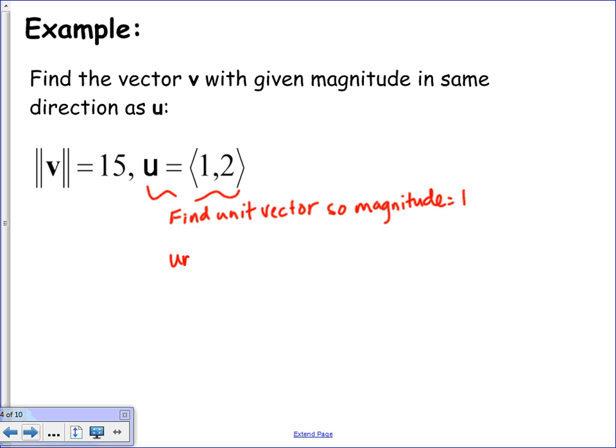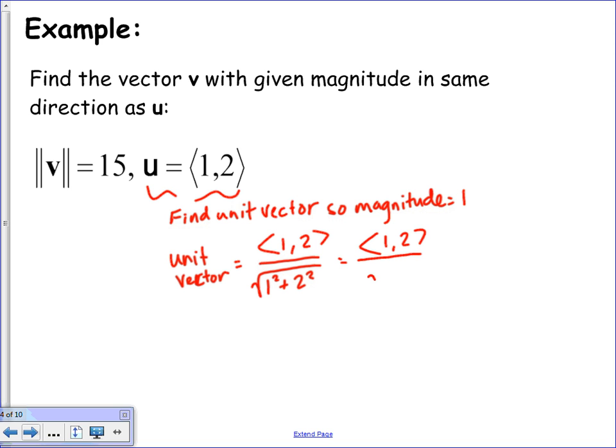And remember, for the unit vector, we take the vector, 1, 2, and we divide it by its magnitude. So we would divide it by the square root of 1 squared plus 2 squared. This piece that I have written on the board is from yesterday. If you look back in your notes from yesterday, we know how to find a unit vector: the vector divided by the magnitude. That's all I'm doing. So I would come up with 1, 2 divided by the square root of 5.